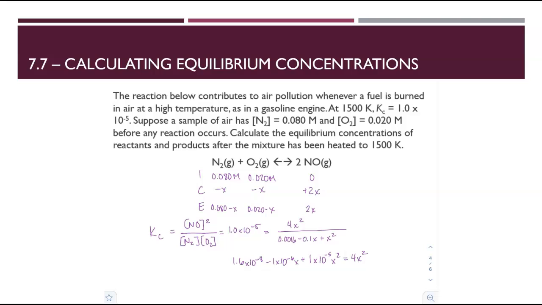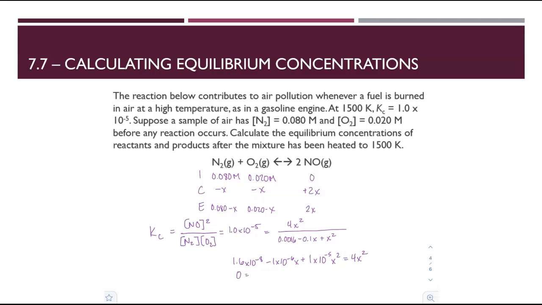And then we know when we're solving a quadratic, we need to set it equal to 0. So I'm going to shift everything over to the right side, just so that I end up with some positive numbers instead of negatives.